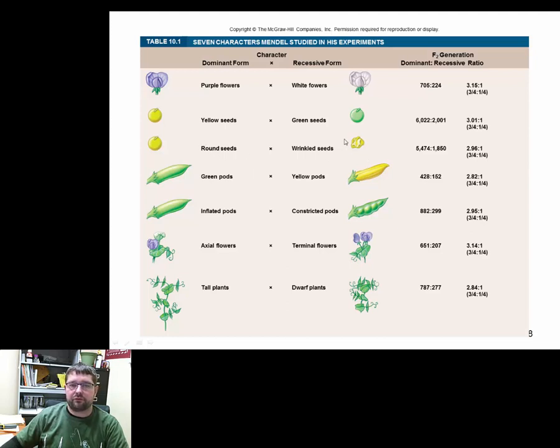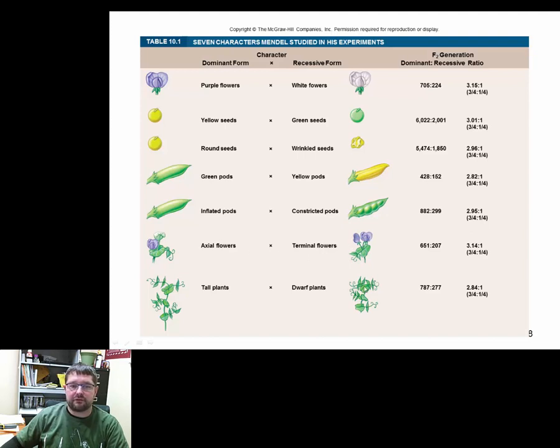Round seeds are dominant to wrinkled seeds. Green pods are dominant to yellow pods. Inflated pods are dominant to constricted pods. Most of us know a constricted pod if you grow them. And most of us also have white flowered pea plants, green seed pea plants, and constricted pods.